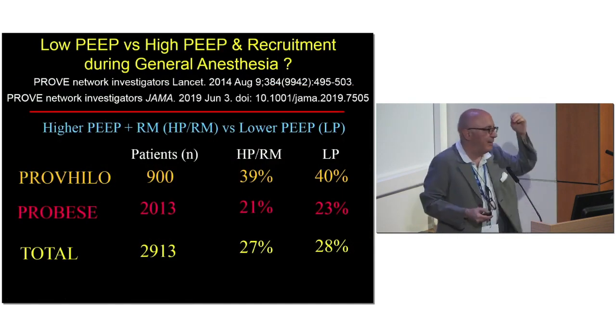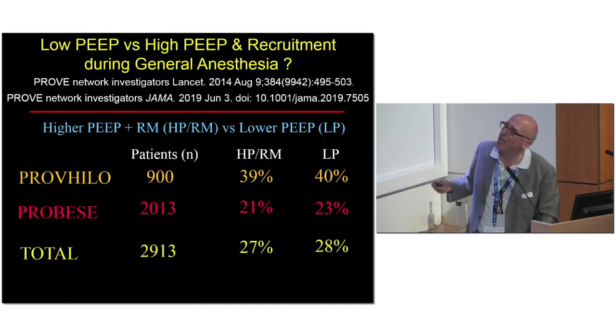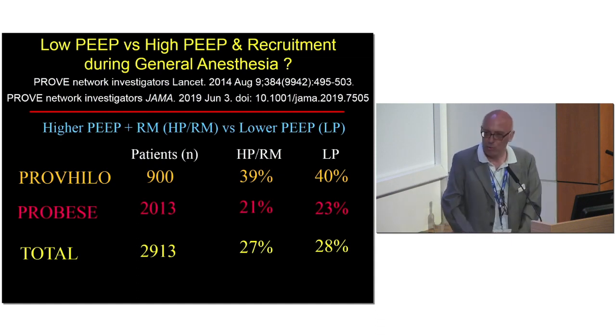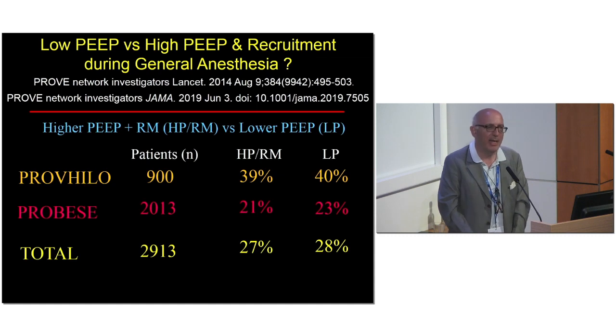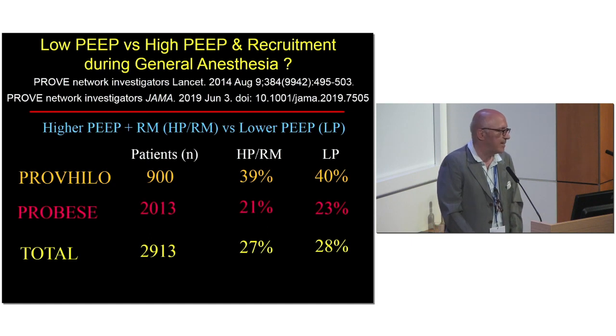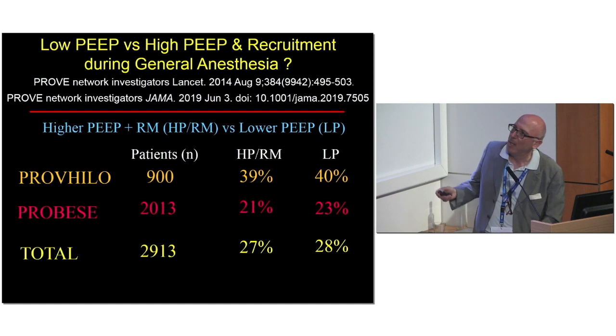And then these are the data in patients with surgery. I suggest you, if you have the opportunity, look at JAMA, published on June 3, the largest study ever done. I think also Ran is here. We were at the ESA. We showed this data in the PROBESE trial, more than 2,000 patients randomized. Higher PEEP, 12 versus 4 of PEEP.